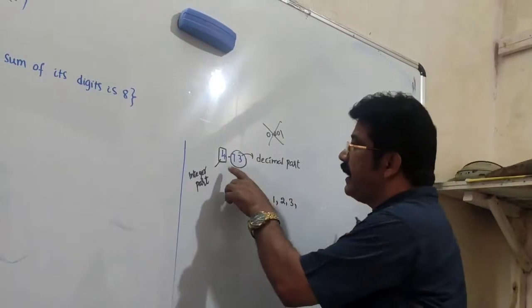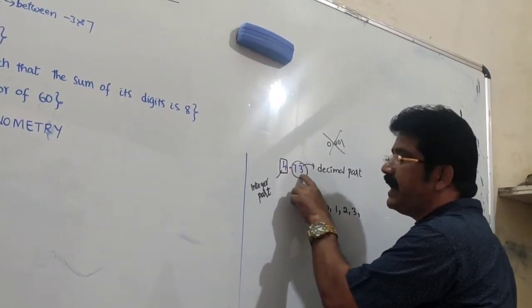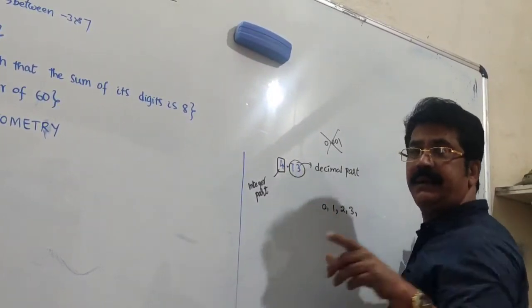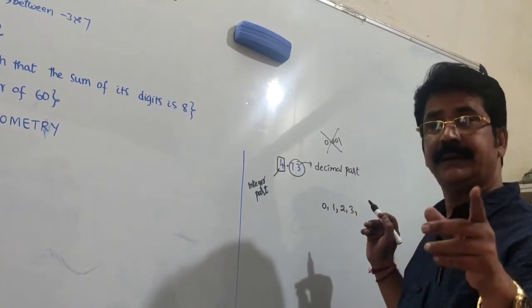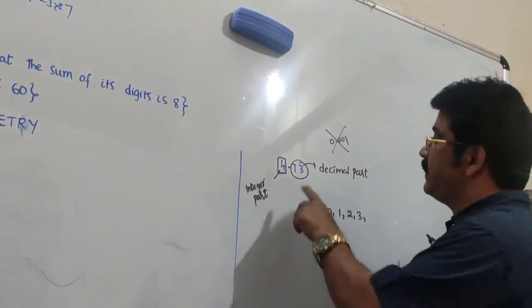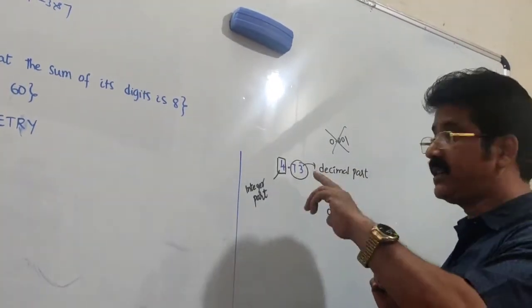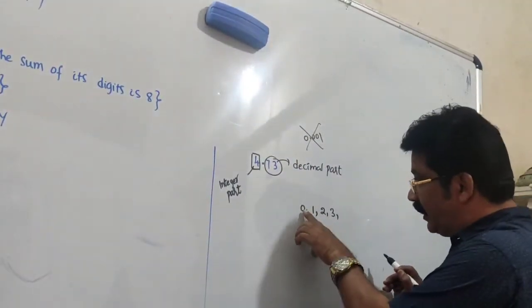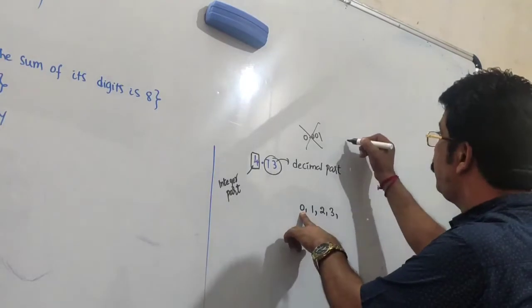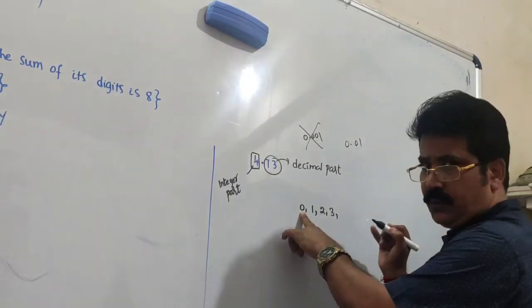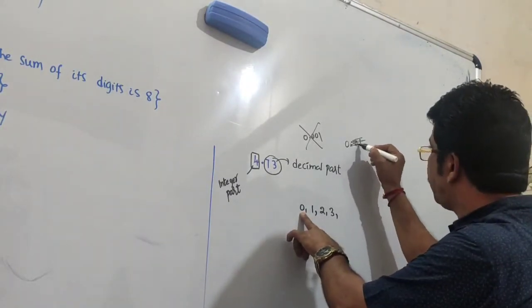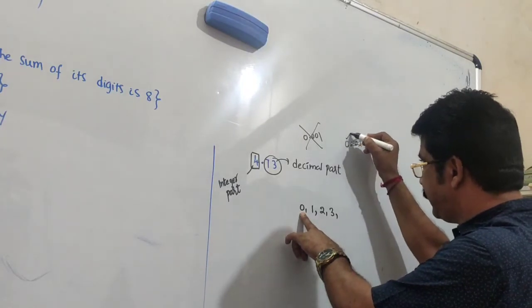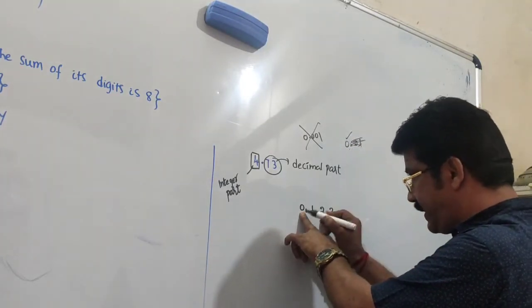You tell me, in 4.73, is decimal part there? Yes. What is the decimal part? 73. Which one is the integer part? 4. I wrote 0. Did I write 0.01 like that? No. No decimal part there. Therefore, it contains only 0. Therefore, it is the integer.